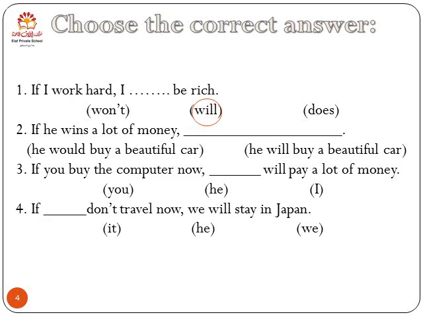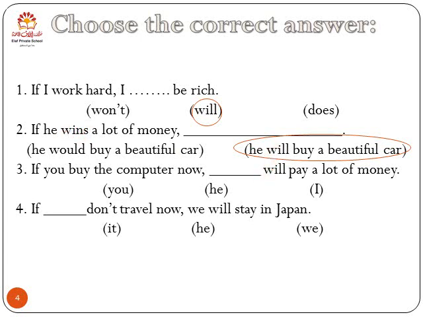Number 2, if he wins a lot of money, very good. He will buy a beautiful car. Notice here I have will and the verb in the present. So always the verb in present, I have to choose will.